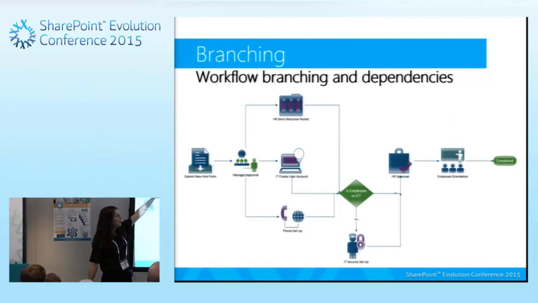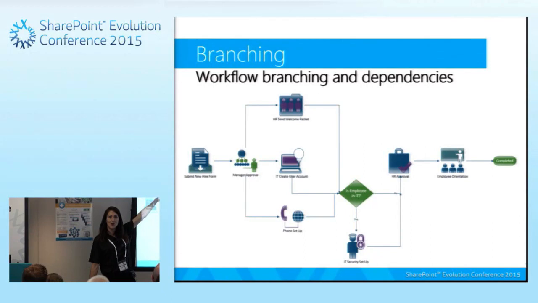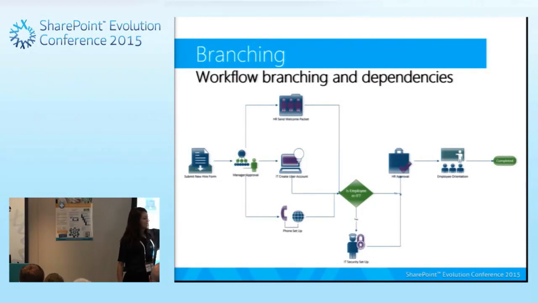So the HR department is going to send the new hire a welcome packet, and IT is going to create a new user account, and the phone department is going to set up a new phone number for that user. And those 3 things can happen at the same time. After all 3 of those things have been completed, then I threw a condition in here.